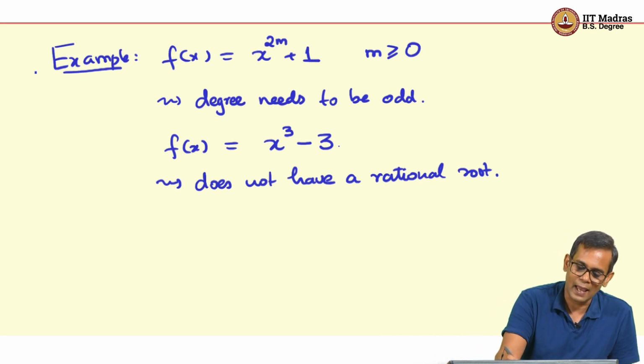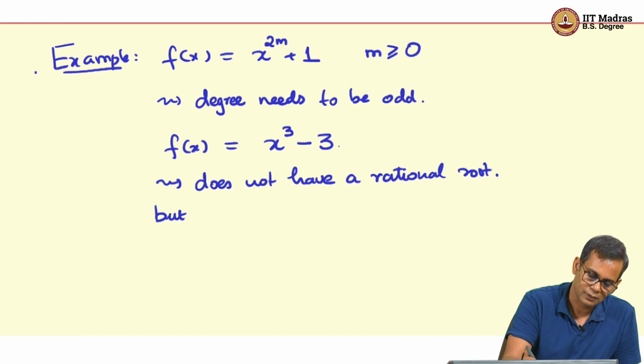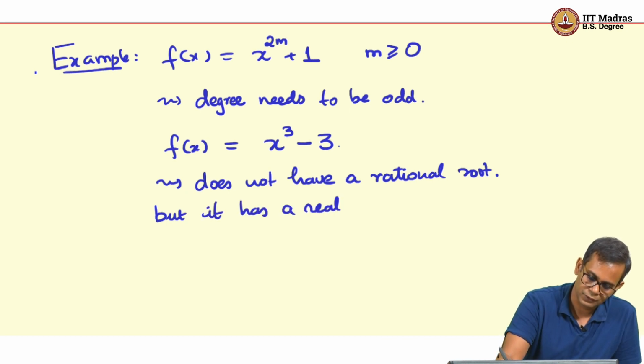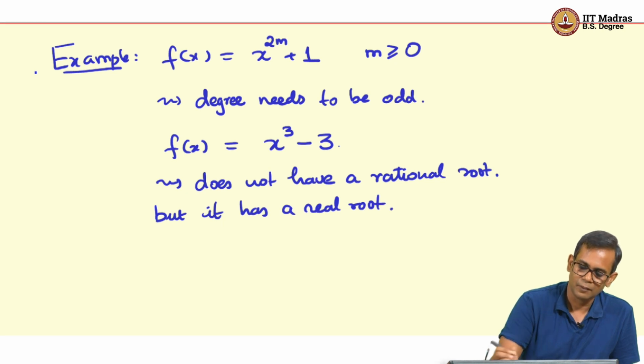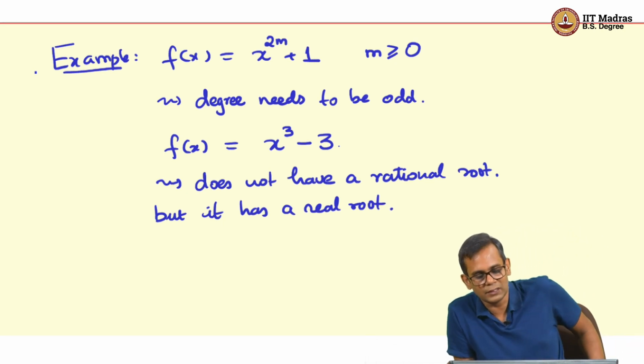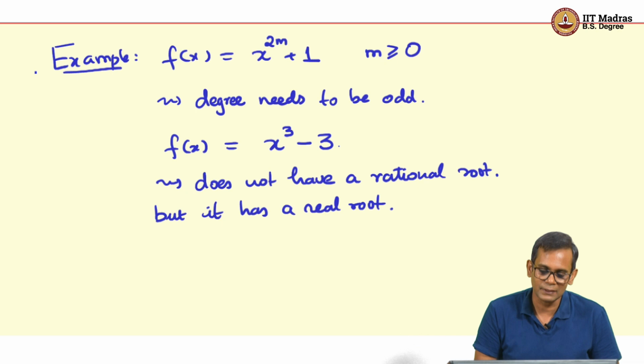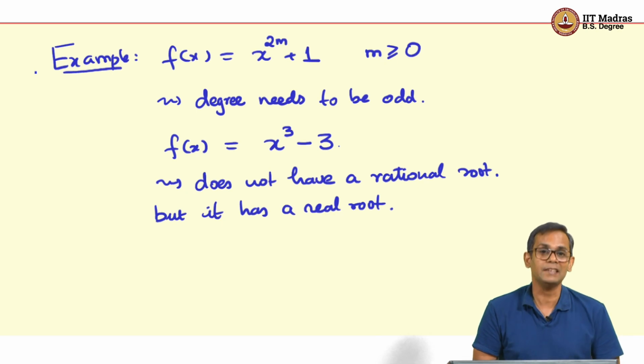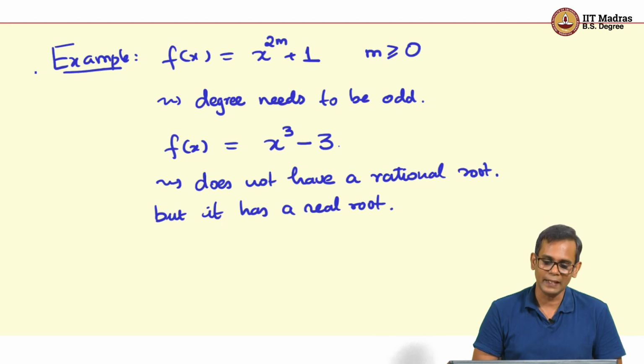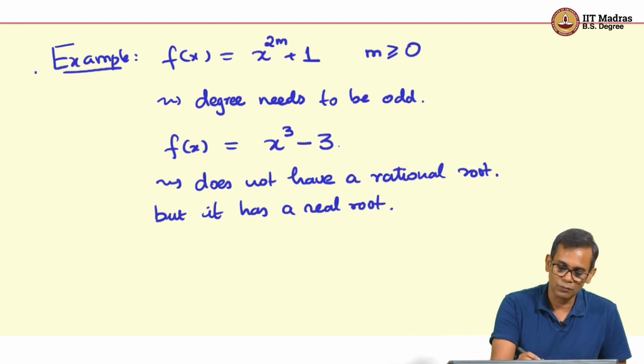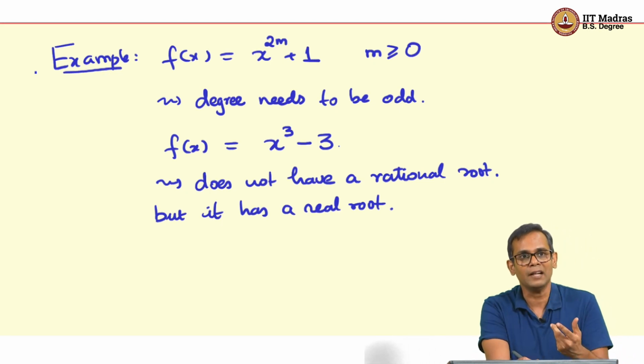But it does have a real root by the result that we have just proved. It is an odd degree polynomial, so it must have a real root, which says that there is a real number whose cube is 3. The cube root of 3 is a real number, but what you see is that this equation does not have a root for rational numbers.